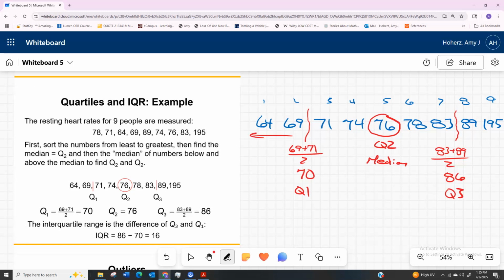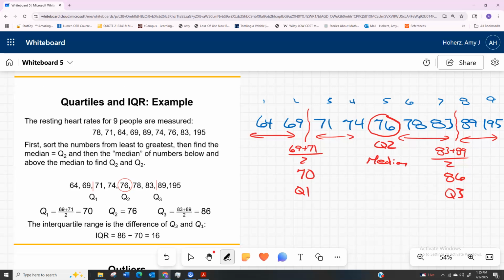A quarter of the data falls between 70 and 76. A quarter of the data falls between 76 and 86. And then the final quarter falls past 86. So each of these is roughly 1/4 of the data.